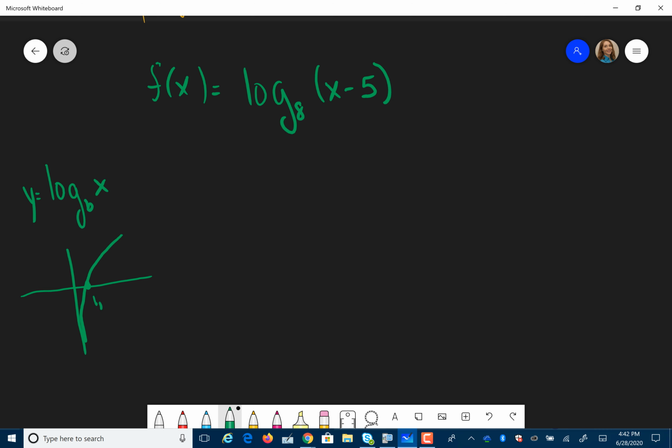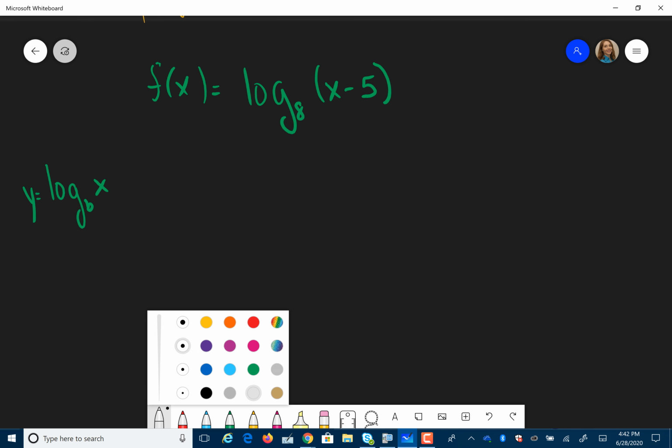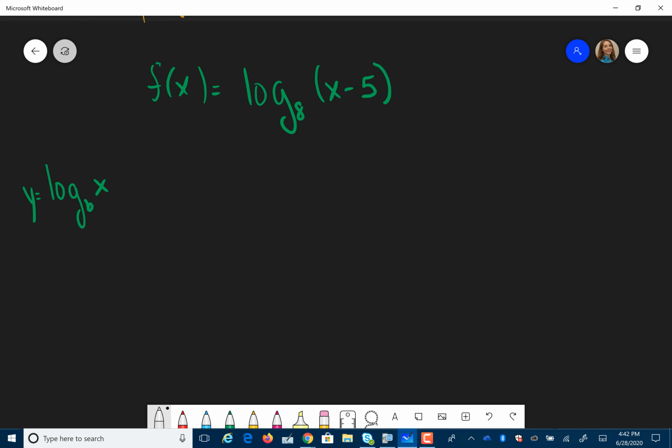It's going to go through the point 1, 0 and b, 1. I'll draw it a little bit better here. So the standard points are going to be here at 1, 0 and at b, 1.